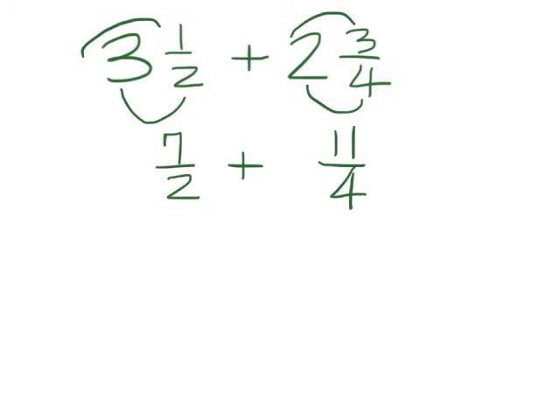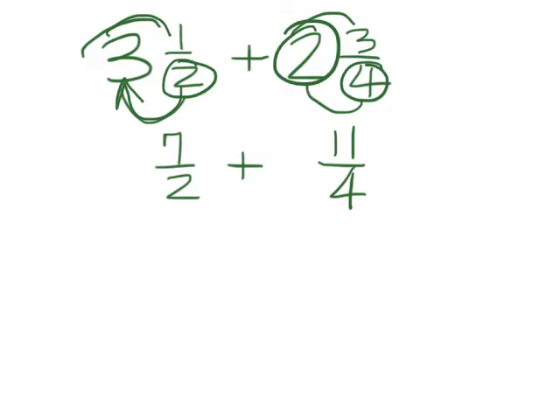Does anybody not understand how we got to an improper fraction from those mixed numbers? Yeah, to get the improper fraction, you have to start here and multiply by 3 to get 6, and add 1 to get 7. So 4 times 2 is 8, plus 3 is 11. Use the denominators that were already in the problem.